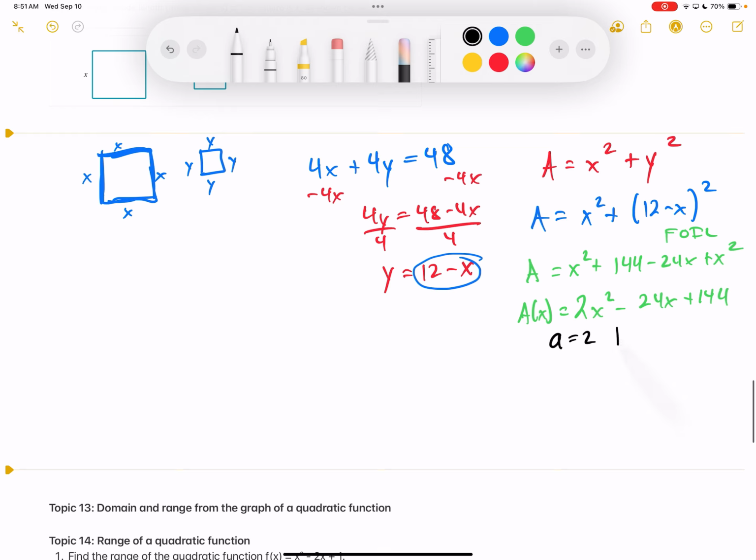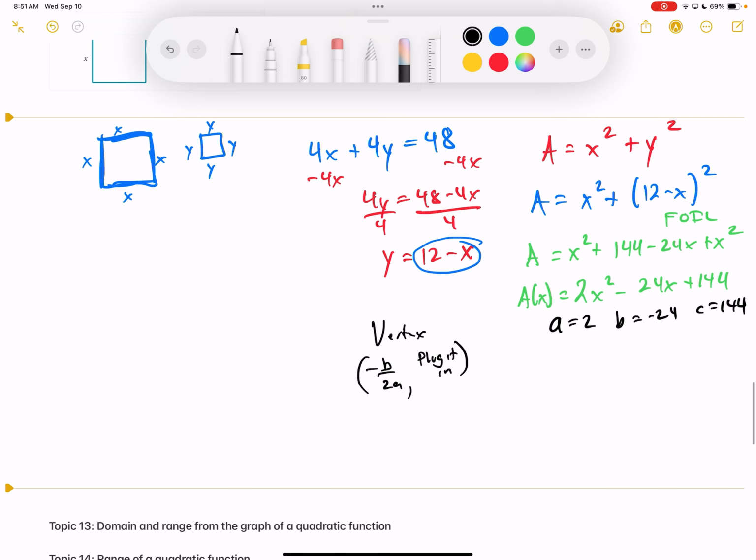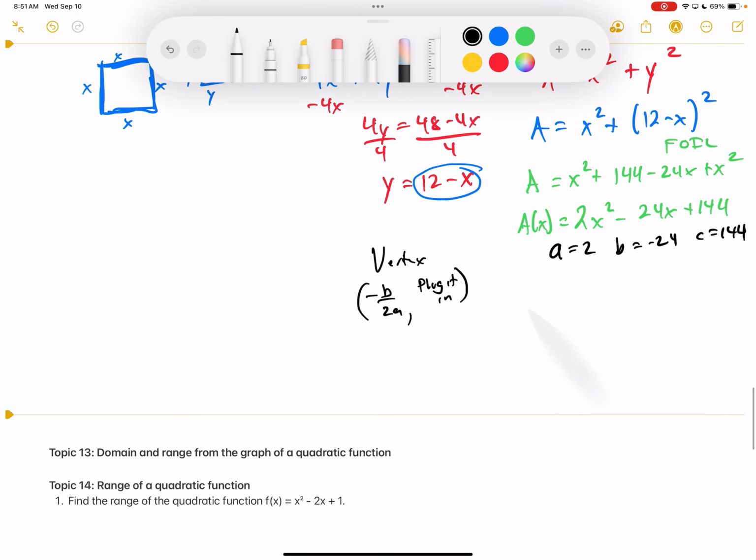A equals 2, B equals negative 24, C equals 144. My vertex is the opposite of B over 2A. Plug it in. So I do the opposite of B, which is positive 24, over 2 times A. That would be 6.